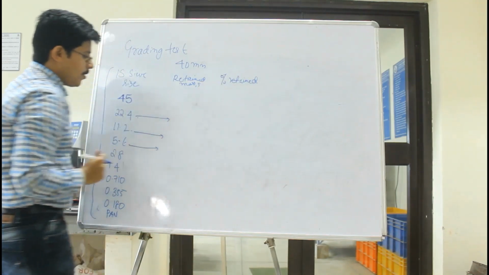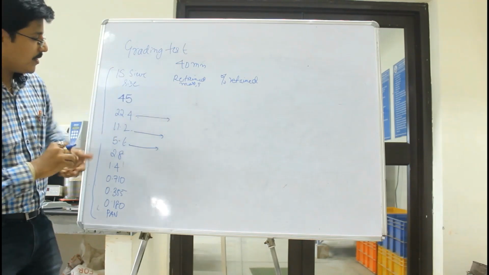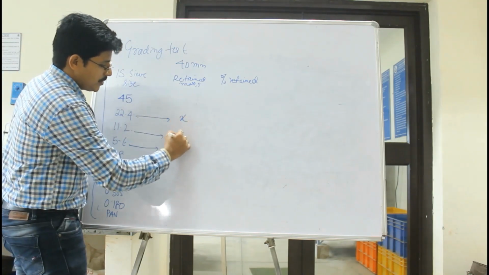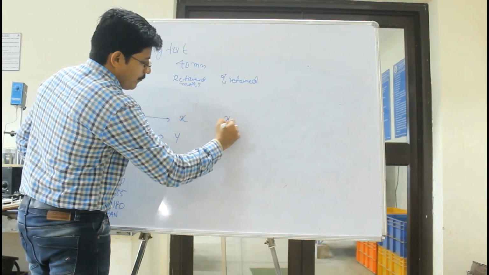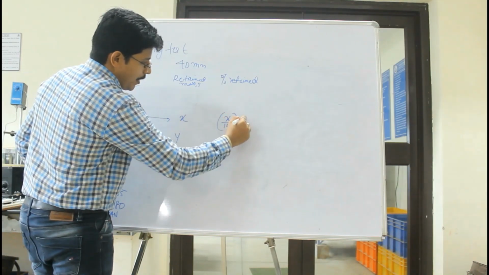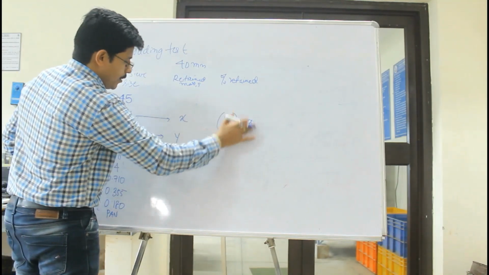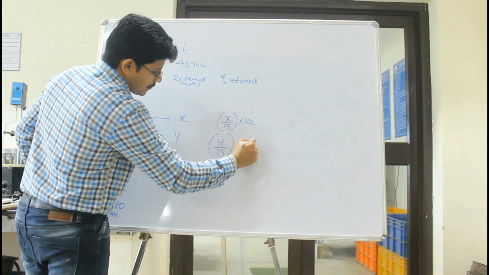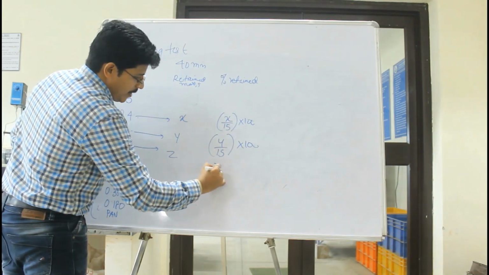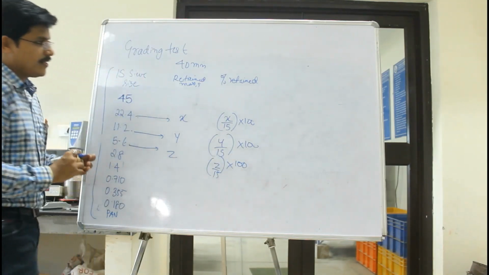Because you already know the mass, you divide by the total mass. If these are x, y, and z, the percent will be x by 15 into 100, then y by 15 into 100, and z by 15 into 100. This way you find the percent retained.